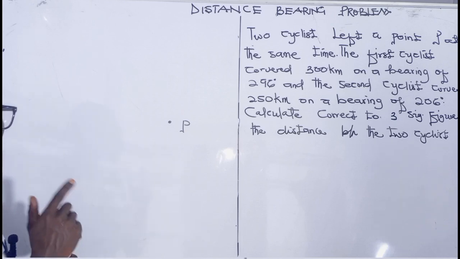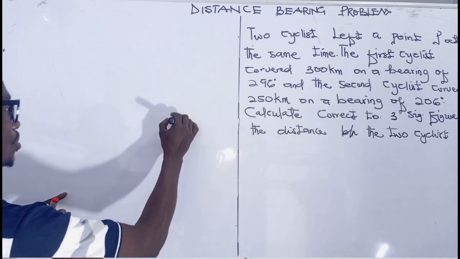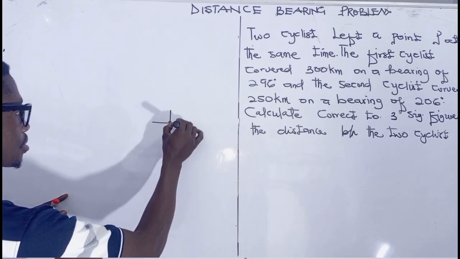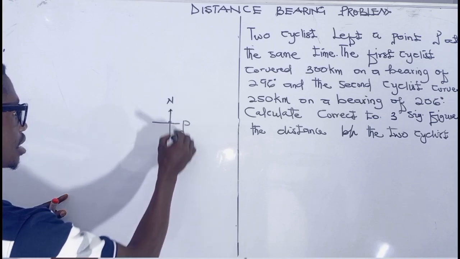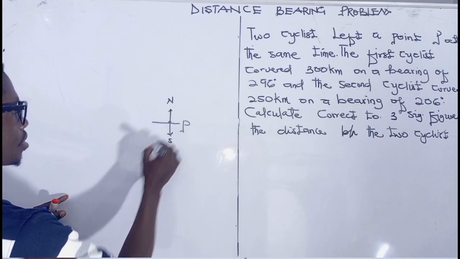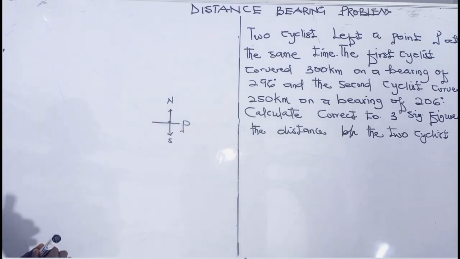On the bearing means that we have to first draw our cardinal points. So we have our north, this is our south, this is our east, and then this is our west.